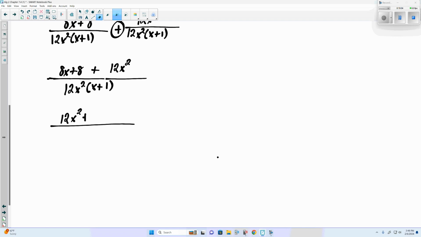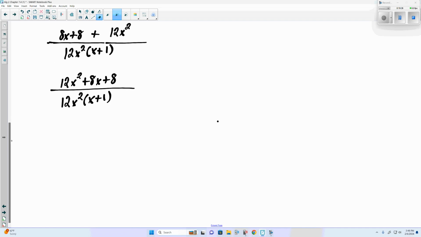Let's write in standard form. Questions on any of this so far, how we got to this point? Now at this point, we do need to see if we can factor the numerator in any way, shape, or form.